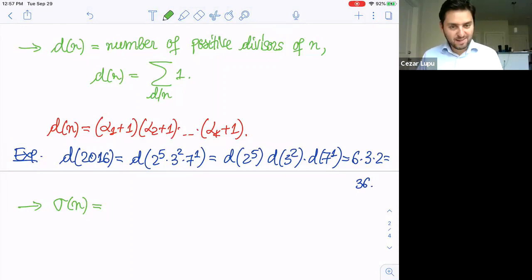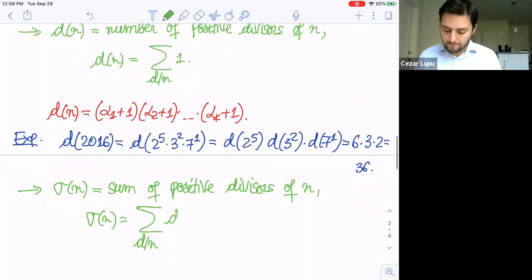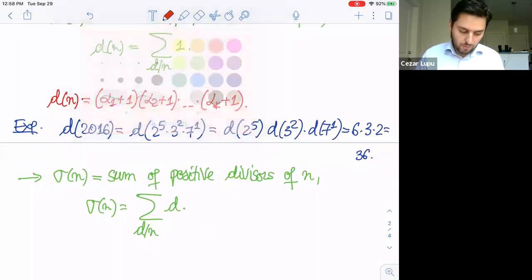This is what we call the sum of positive divisors of n, and I will denote it as the sum over all d that divide n of d.